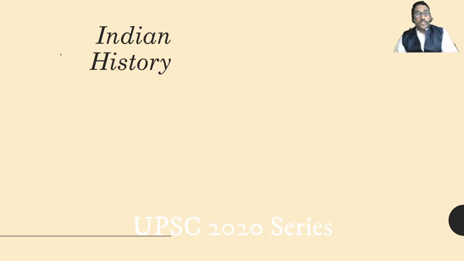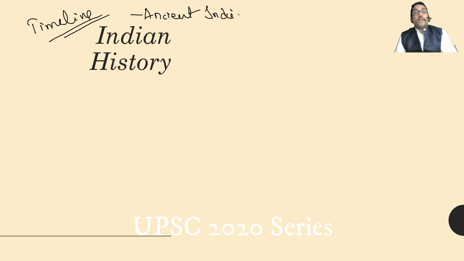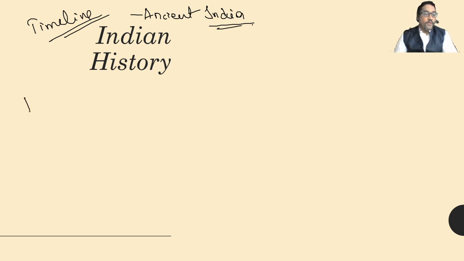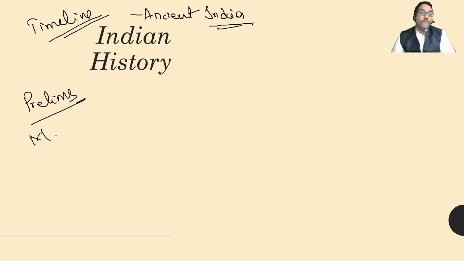Now, in today's session, as I said, I'm going to discuss with you the quick timeline of Indian history, mainly ancient India. Now, why is timeline important? In history, particularly with UPSC, timelines are very, very important for your prelims, and they are also important for mains.